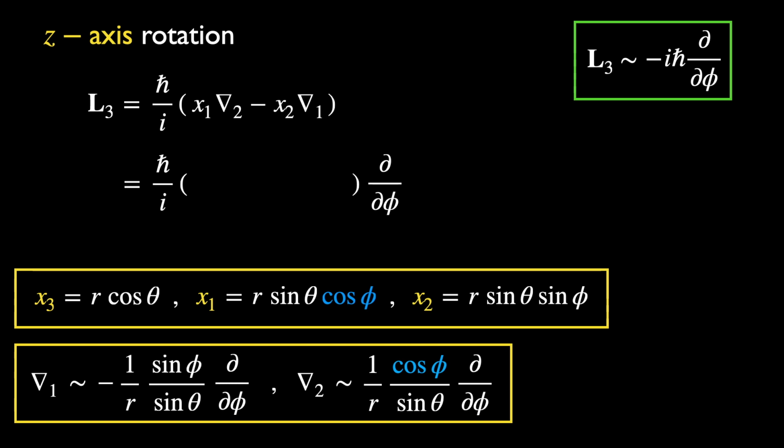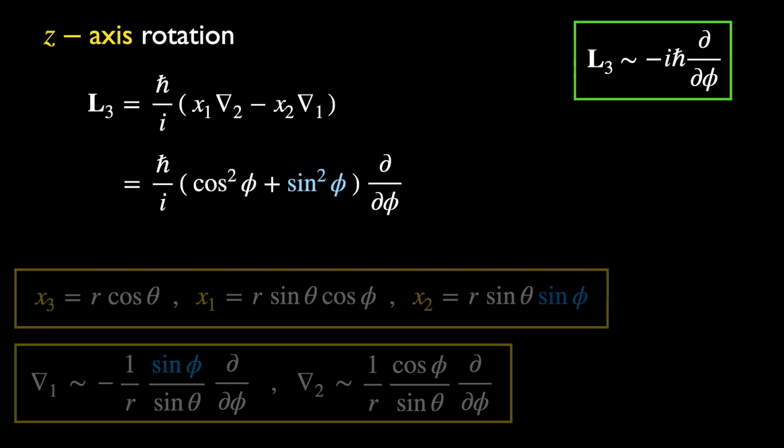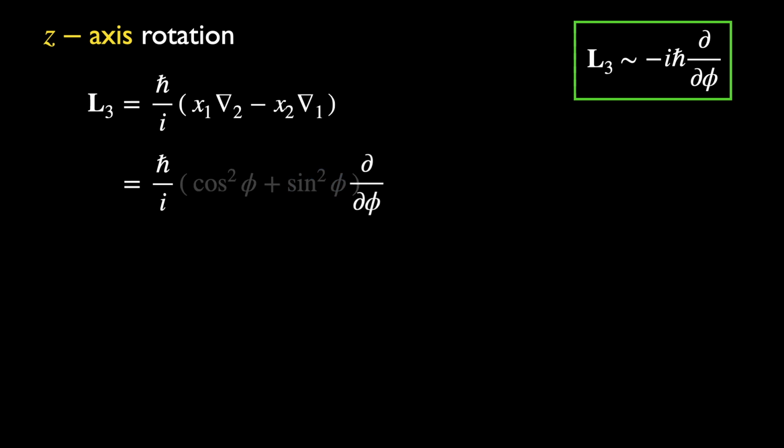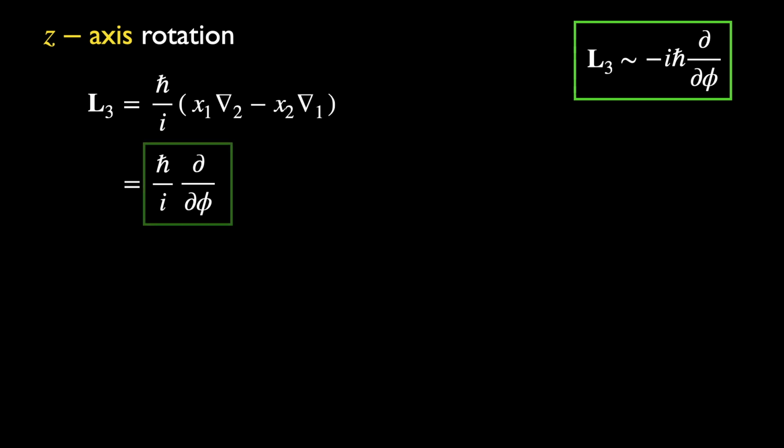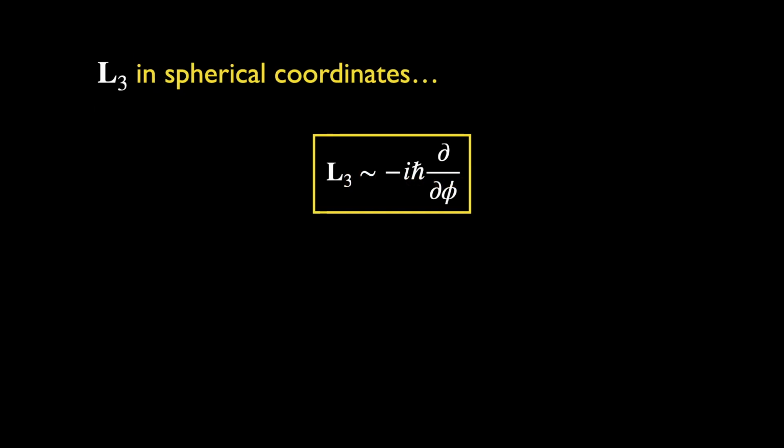This gives for x1 and del 2 just the square of cosine phi. Similarly for x2 del 1. This matches our initial calculations. Thus we have L3 in spherical coordinates.